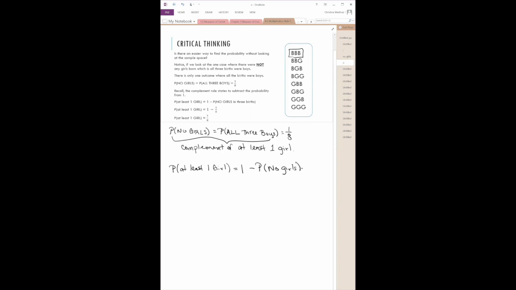The no girls was that one case where you had nothing but 3 boys emerge from these births. So it's 1 minus the 1/8 that we had just found. Which if I subtract that, that is going to be equal to 7/8. Now that is the exact same probability that we found when we did this technique in the tedious form, when we actually listed all the cases of getting at least one girl.